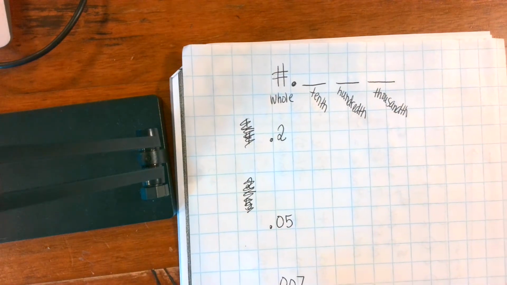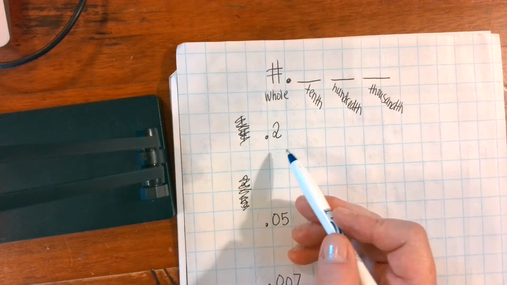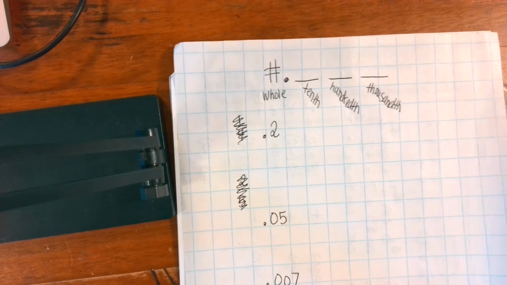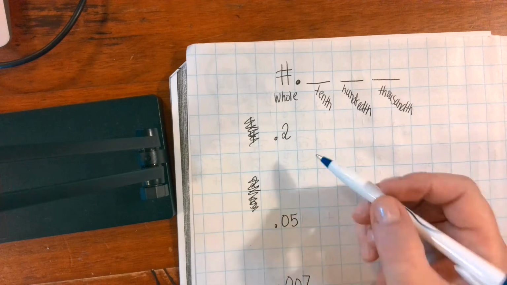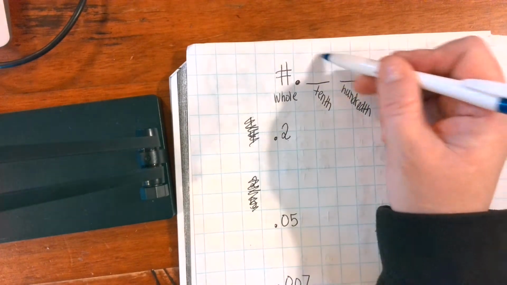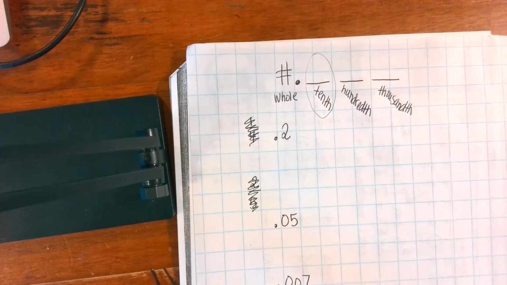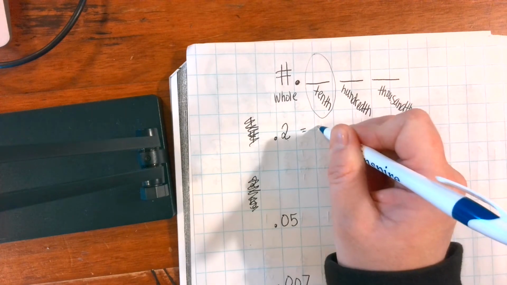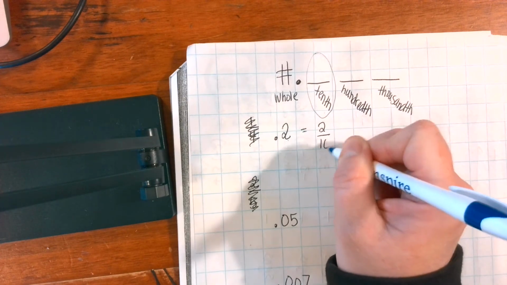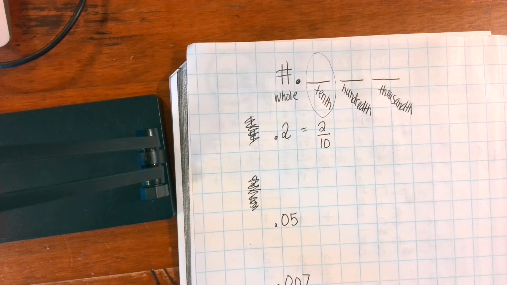All right, so all we need to do is write these as a fraction and then reduce it if we need to reduce. So here we go. 2, it only has one place value, which means it is a tenth. Now, don't forget your magic numbers.